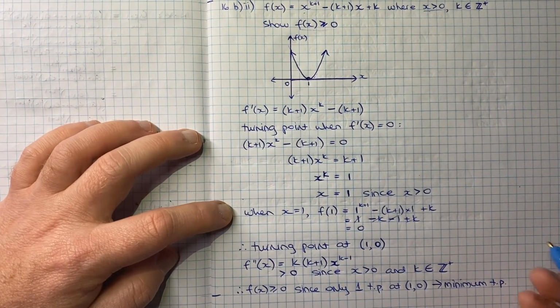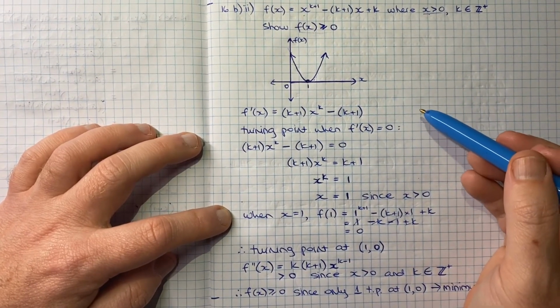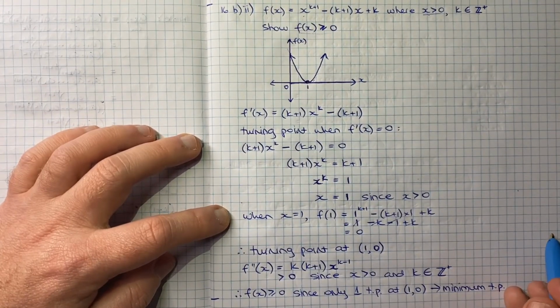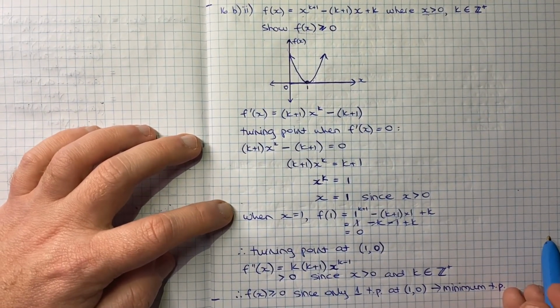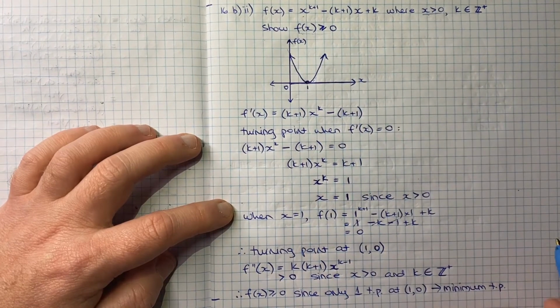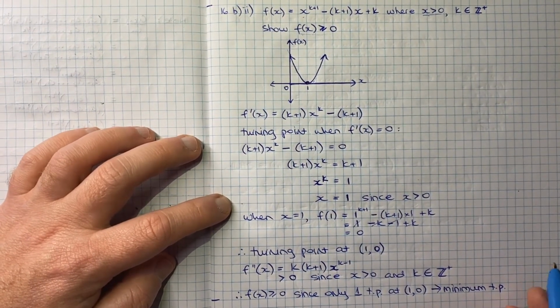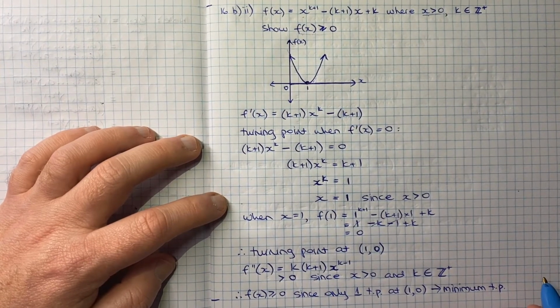I think if you kind of laid all that out, that's probably enough for a marker to say, yep, you get the marks. You understand why f(x) must always be positive. So, you know, maybe my wording's not the best there, but actually you'd hope it would be good enough.